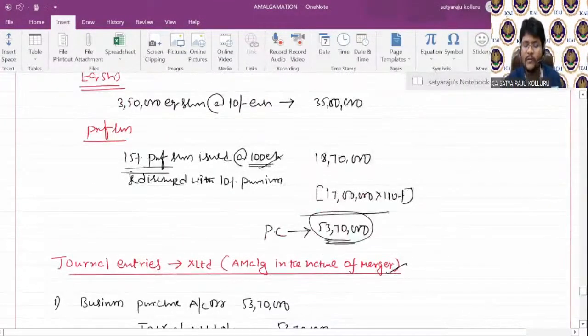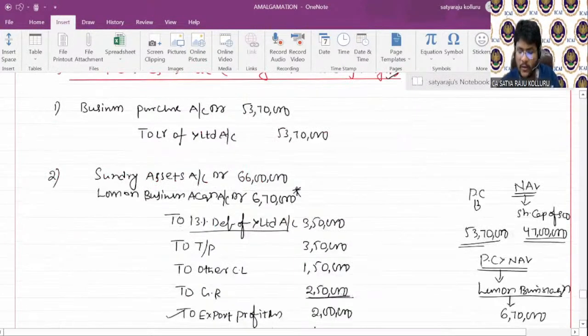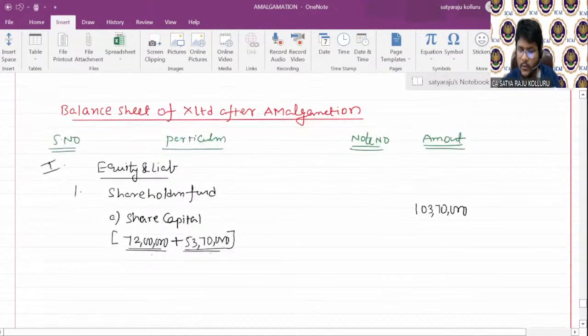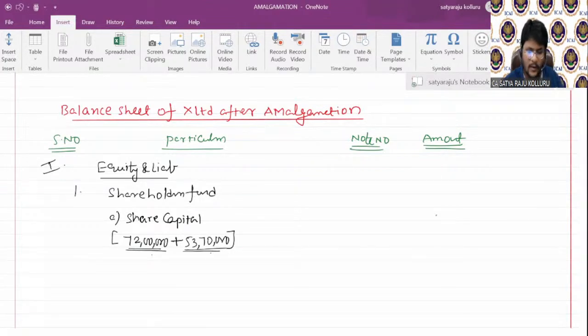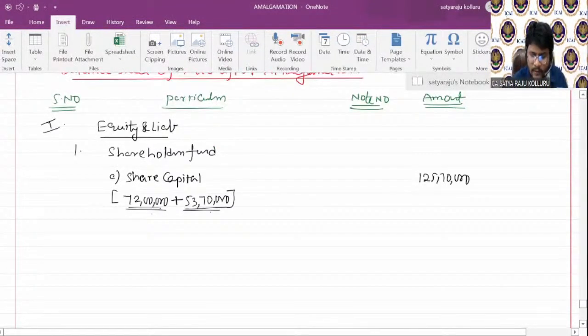Am I right? So preference shares are also quite different preference shares we are issuing. In note number, you should provide each and everything individually. Now, can you please make it total? Just a second. The total is not correct. What is the total? 72 lakhs plus 53 lakhs 70,000, which I got 125 lakhs.